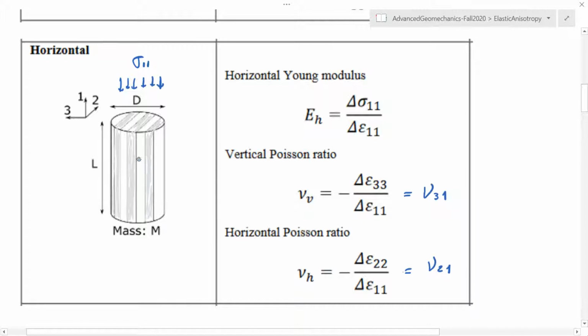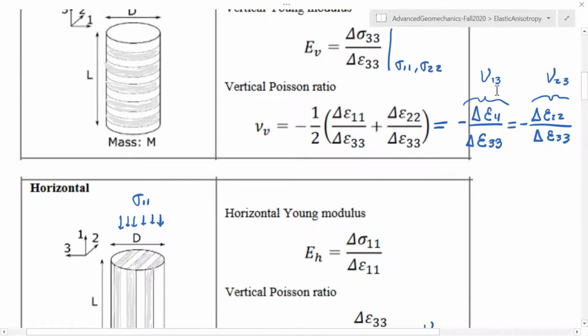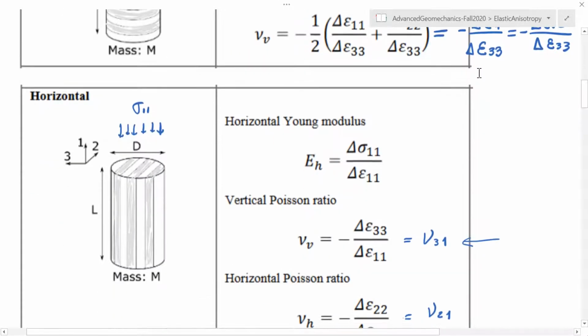Why? Because the medium is anisotropic, and you shouldn't expect the expansion in direction 2 to be the same as the expansion in direction 3. So these two now are going to be different. It's not the same as before. But notice that this Poisson ratio 3,1, we already had it before, because this one is going to be equal to 1,3. So actually, we haven't measured a new Poisson ratio.